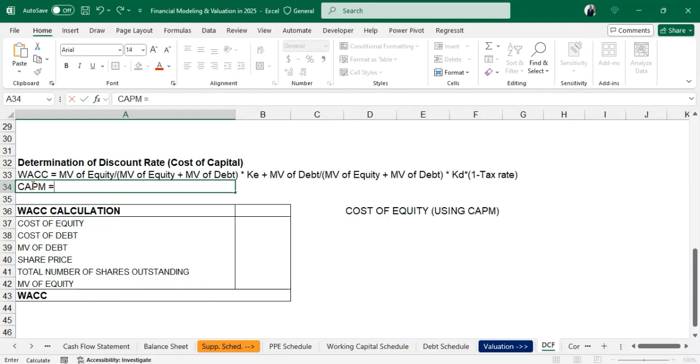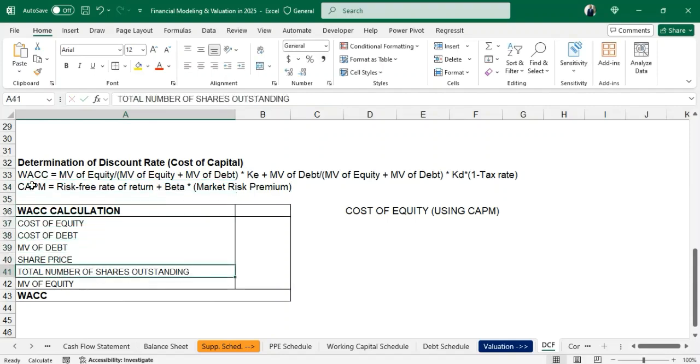CAPM is equal to the risk-free rate of return plus beta multiplied by the market risk premium. All right, so that is the CAPM formula as well.